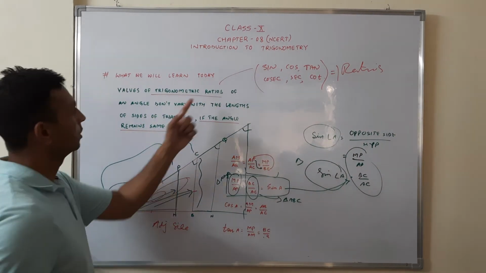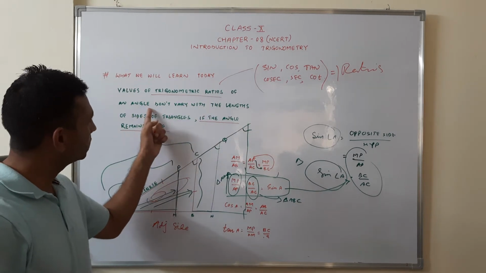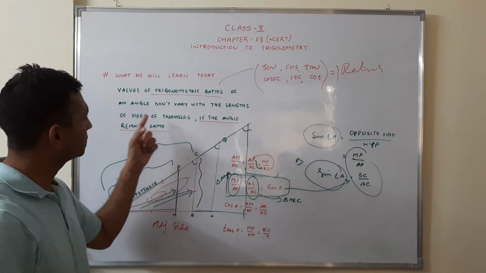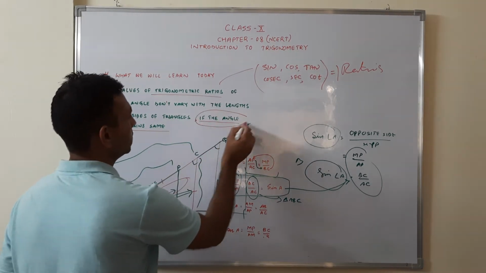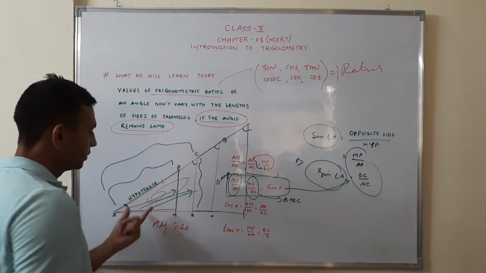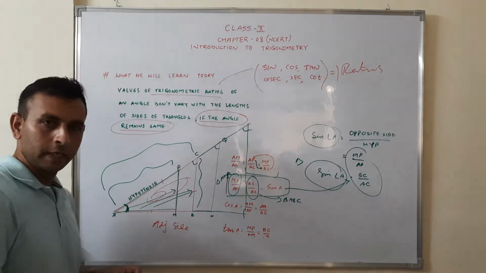Values of trigonometric ratios of an angle don't vary with the lengths of the sides of triangles if the angle remains the same. This is the most important line. If you change the angle, it will change. Let me explain by example.